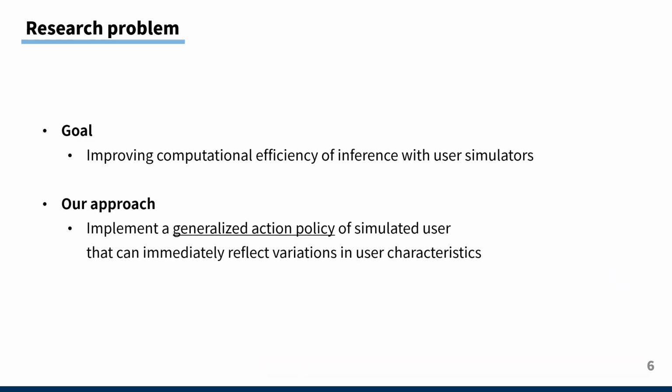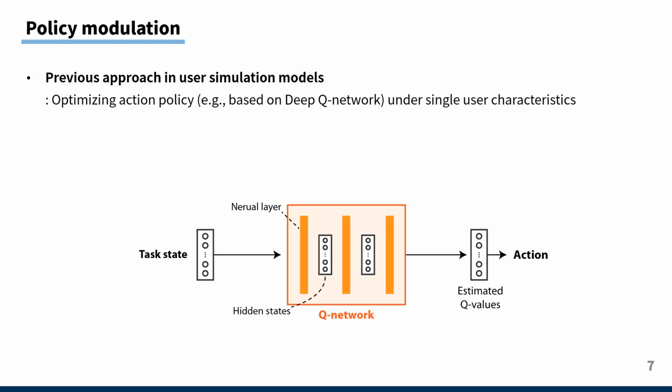In order to solve this inefficiency problem, in this study, we present a method of generalizing the action policy of the user simulator so that the simulated behavior can immediately reflect variations in user characteristics. In previous user simulators, the action policy has been trained under a single fixed set of user characteristics.